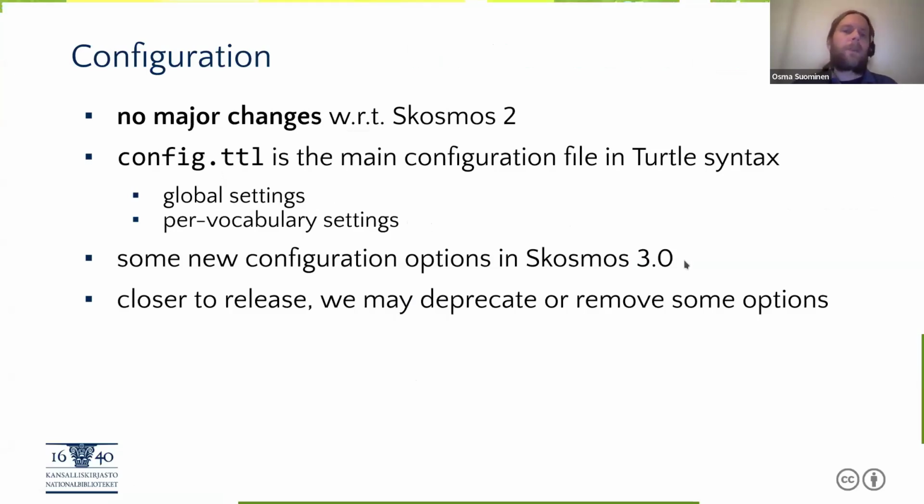Of course, there are some new configuration options for new functionality, or functionality that's slightly different from before. And I think we're probably going to deprecate or remove some of the options closer to the release. But right now we haven't yet done that. So slight changes, but the overall idea remains the same.